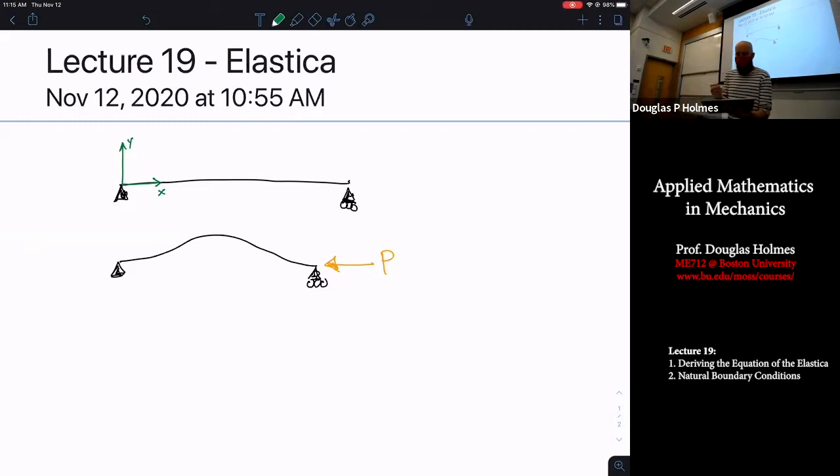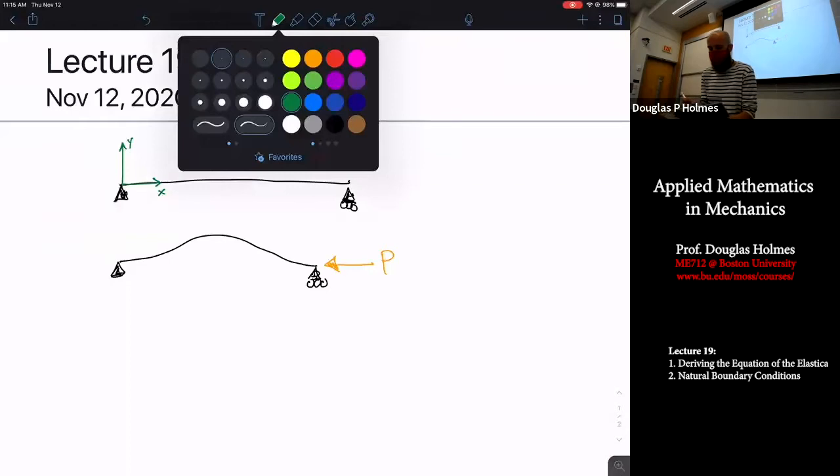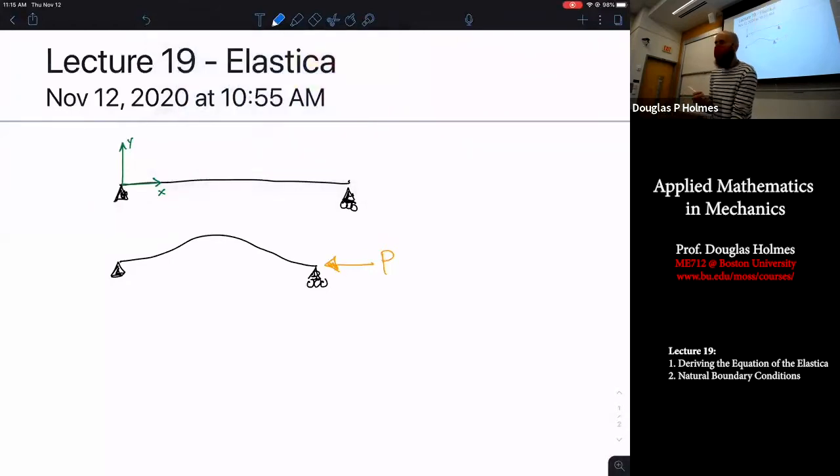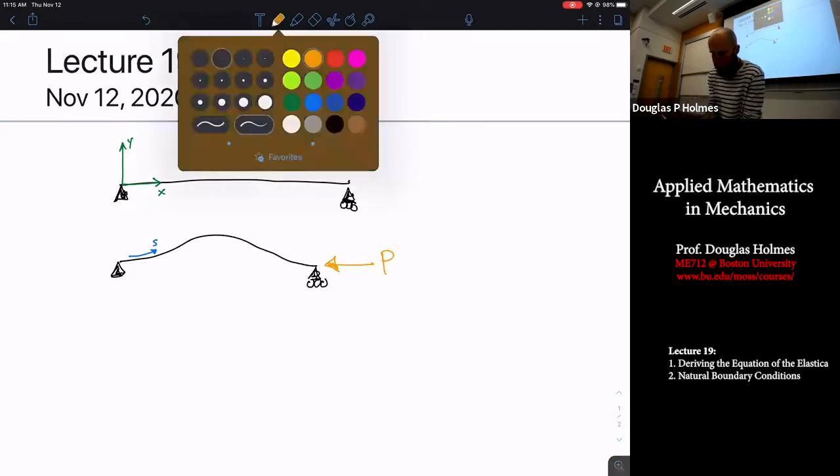It's actually much more useful if we parameterize our problem such that we're living on the coordinates of the object. So what that means is we'll have a new coordinate system. We'll call it S. And you can think of S as saying, if I give you an S from, say, 0, let's see here. Oops, I can't use orange. Pink here.